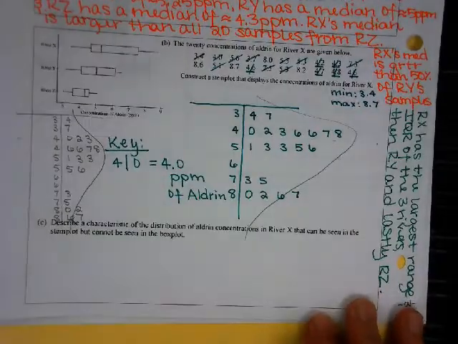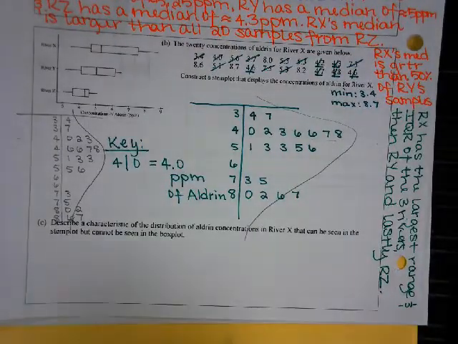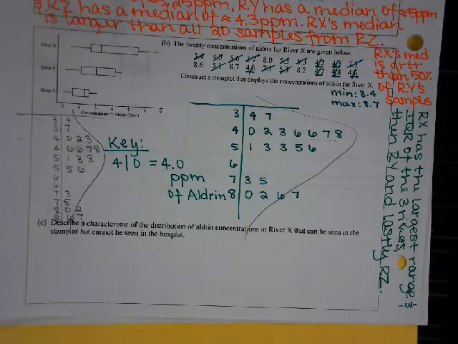So when we first learned this, we did a split. It wasn't a split stem, but you have numbers on the right and numbers on the left of the middle of the stem. What's that called? That's called a back-to-back stem plot. So they would show two different sets of data.